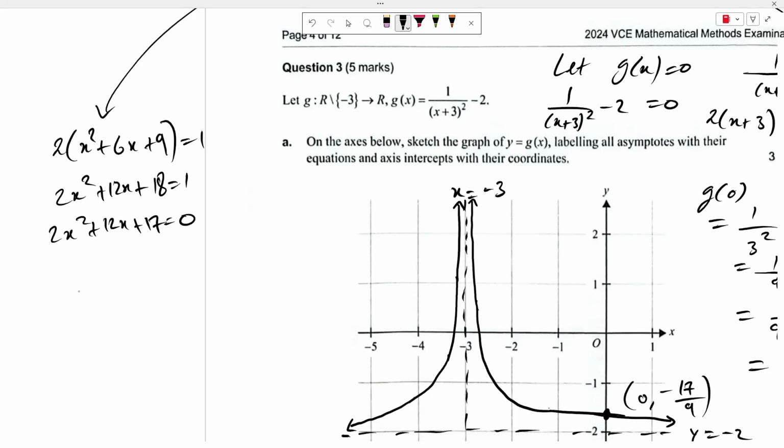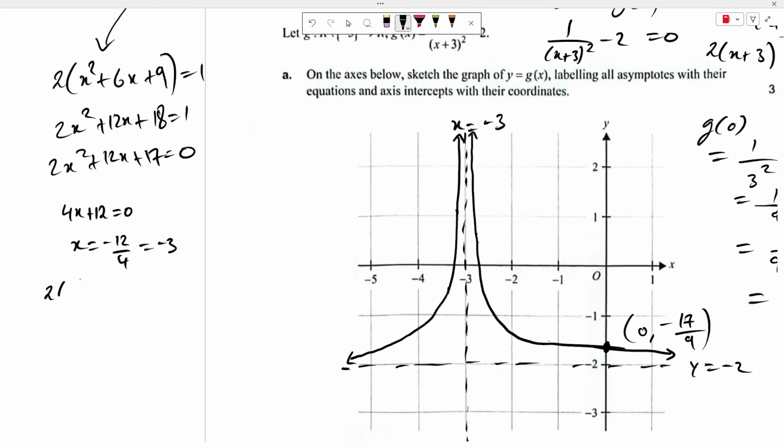Now, how do we do that? First, we have to find the coordinates of the turning point. So let's do that. The derivative here is going to be 4x plus 12. We're going to let that equal 0. X is going to equal minus 12 on 4, which is minus 3. Subbing that back in, we get 2 times minus 3 squared plus 12 times minus 3 plus 17. 2 times 9 plus 12 times negative 3 plus 17.